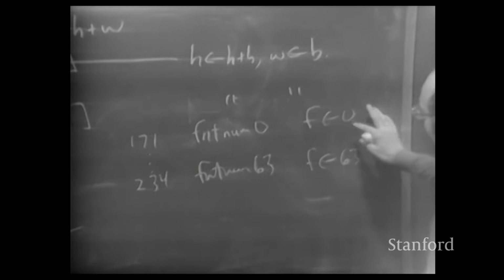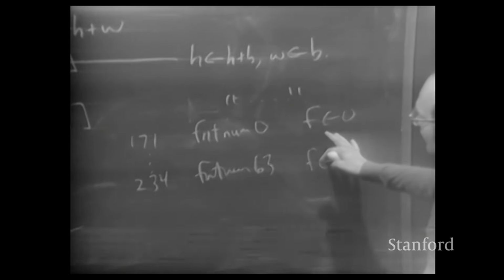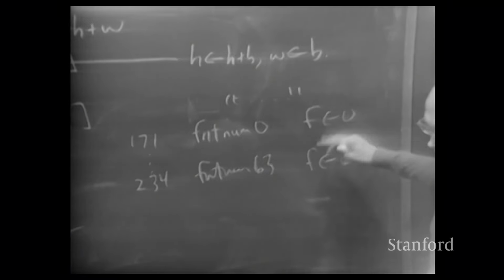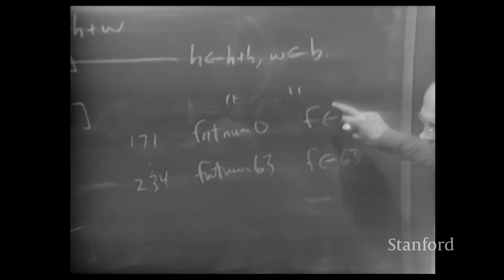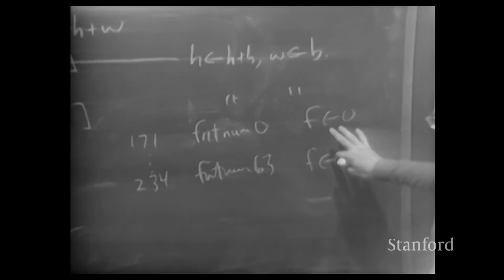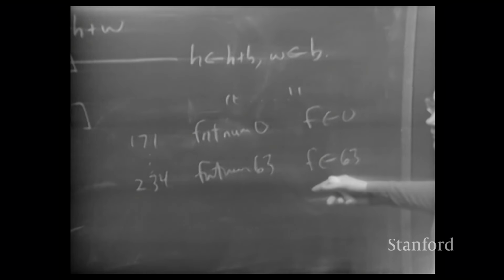So TeX assigns its fonts internal codes, and the first font that you name will get number 0, or actually internally it'll get number font base plus 1. But this will convert to 0 in the DVI file.